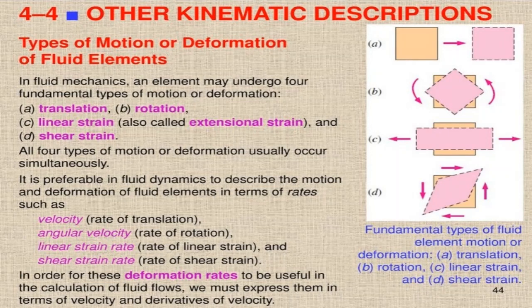It's translation, the motion in a linear direction. Or it can rotate like a shaft. It can have linear strain, and it can have shear strain. So these are the four different behaviors of solid particles.